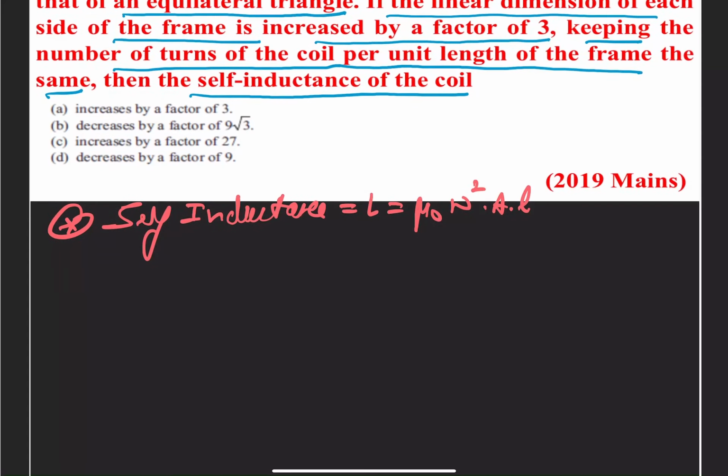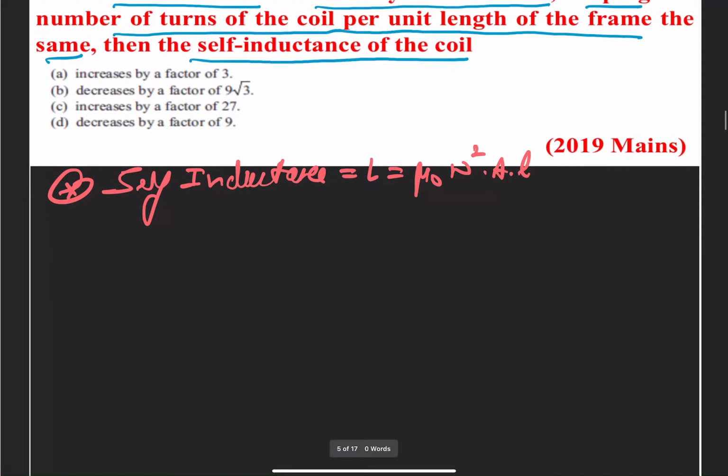So we can divide this entire question into two parts: initial setup, and then when it is increased by the factor of 3.